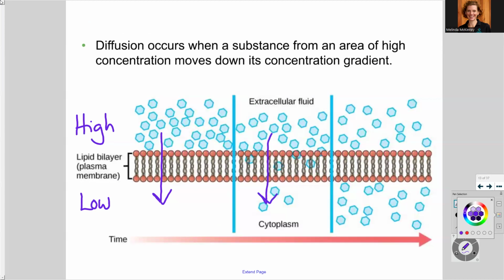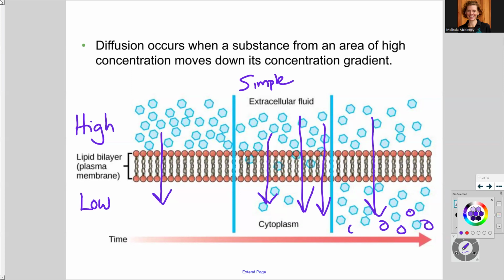Now notice it does not require a protein. It's just going straight through. And this is going to continue to occur until you have the same number of molecules on the inside as you do on the outside. And then you will not have any net movement, okay? It'll be in homeostasis.